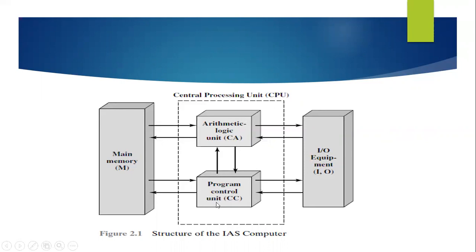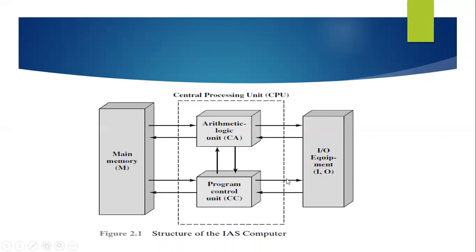Then the program control unit decodes what should be done and sends those instructions to the arithmetic logic unit, and the arithmetic logic unit sends the result after calculating back to the program control unit. Then again, the program control unit checks whether the result needs to be saved or not. If it needs to be saved, it sends the result to main memory. Otherwise, it directly sends the result to your output devices.